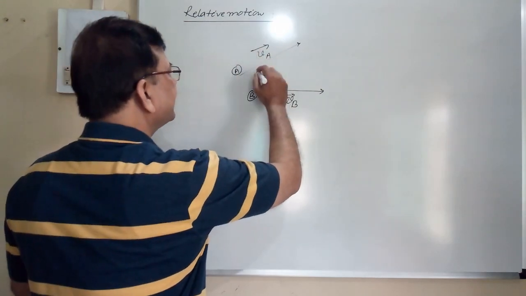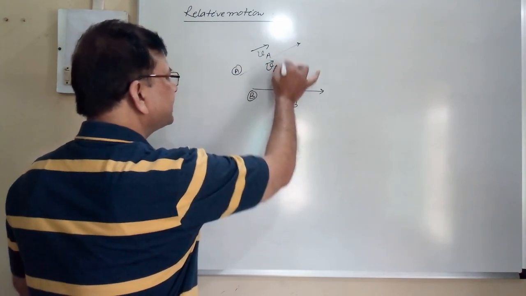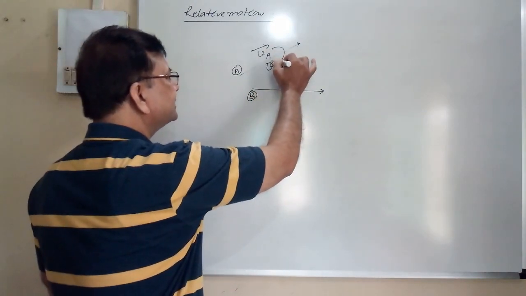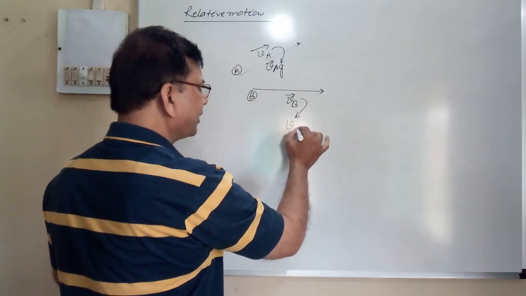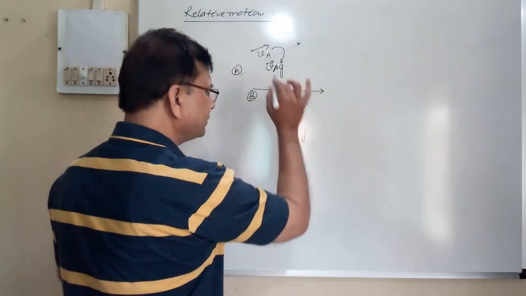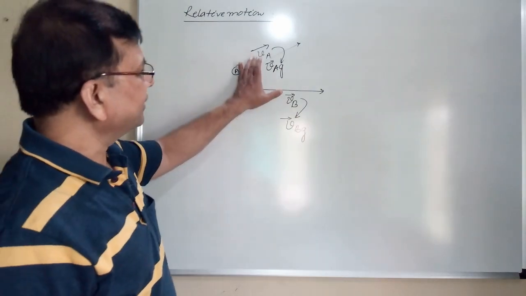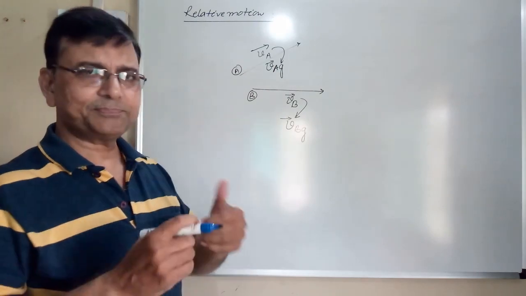So we write VA with respect to ground. Similarly, VB means VB with respect to ground.